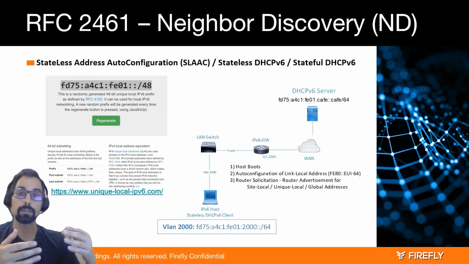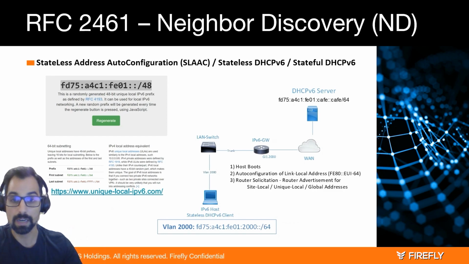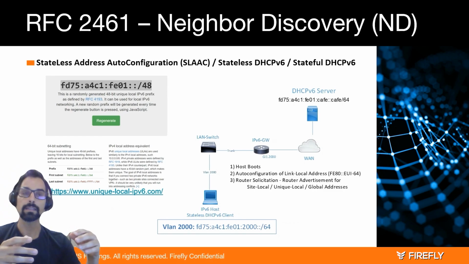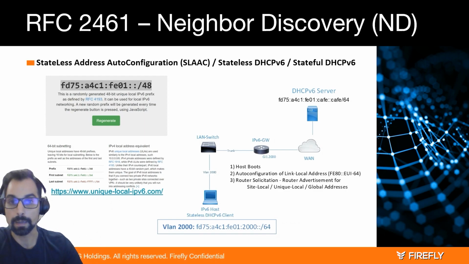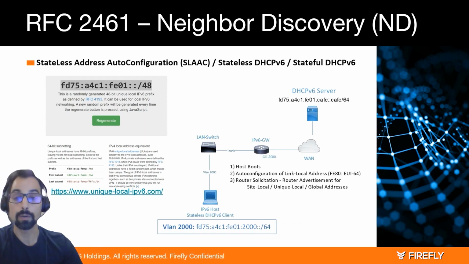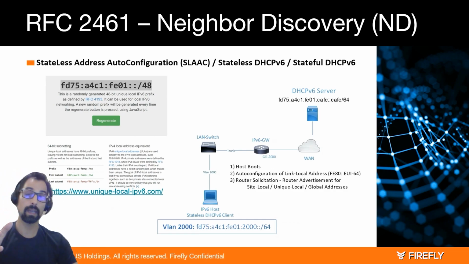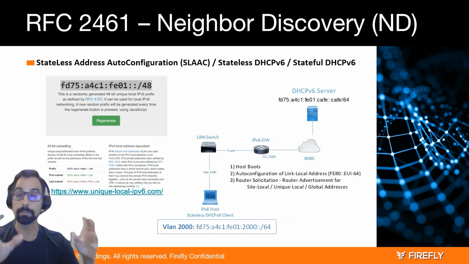The idea is that you generate this /48 prefix for yourself, and anybody that needs to use private IP addressing uses an auto-generated unique local prefix, and it's very, very unlikely that more than two sites are going to have the same prefix, right?